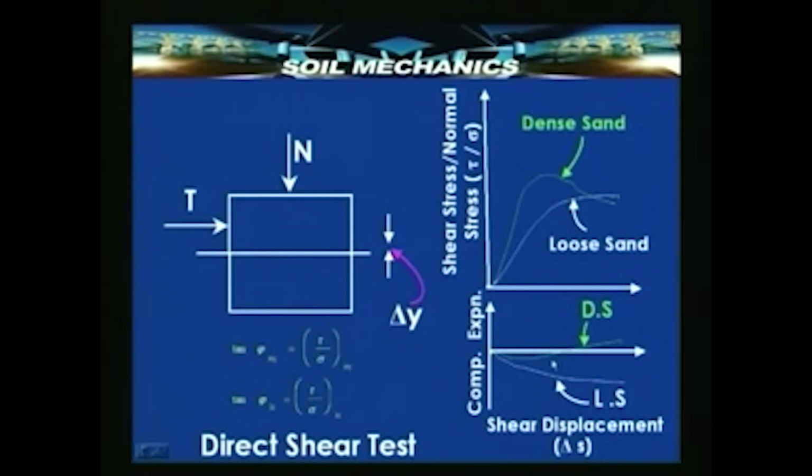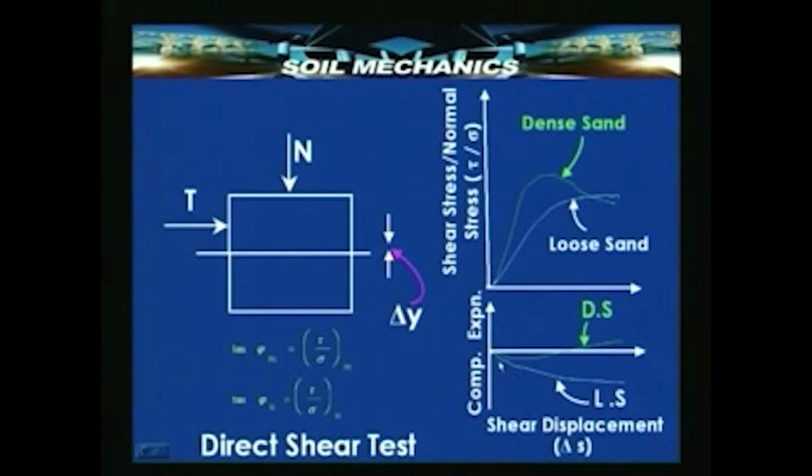That is, the volume slightly decreases as the shear displacement increases. There is a slight compression initially, and then the soil starts expanding if the soil is a dense sand.